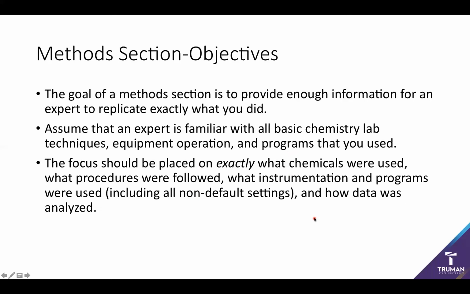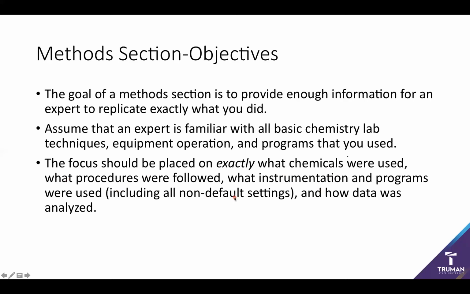And again, one of the big things that you should make sure to put focus on is the details of exactly how you conducted your work. So a good example is exactly what chemicals you used, what concentration, who was the manufacturer, exactly what procedures were used. So if you're using aliquots, what size, and again, instrumentation settings.